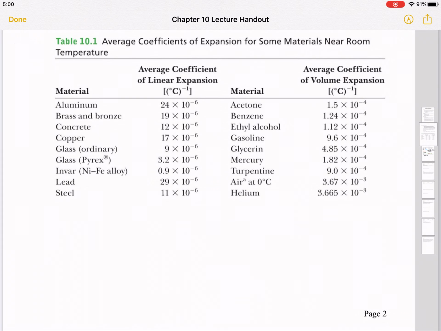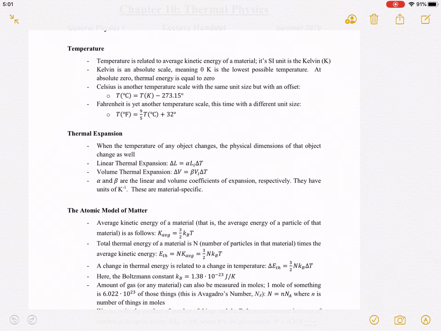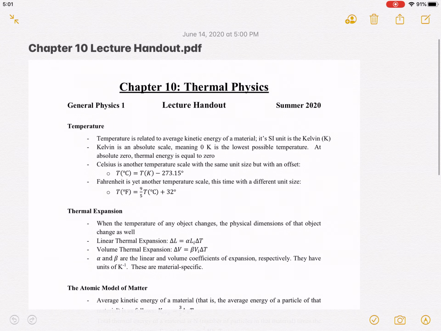So the volumetric coefficient of expansion is in this right-hand column. We have those for both aluminum for linear and for volume. But here I also have it for lots of liquids, right? Acetone, benzene, ethyl alcohol. So we can play this game with both linear expansion and volumetric expansion. So there's your introduction to thermal physics.